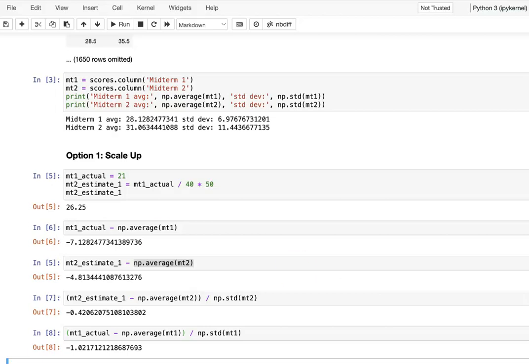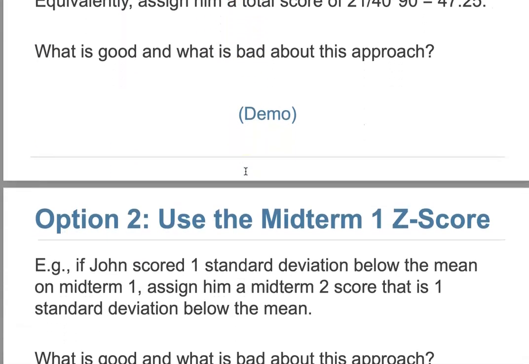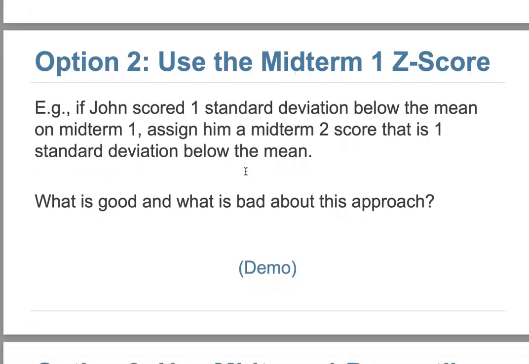That is our option 2. Option 2 is, how about we use the z-score? In other words, how about we use the standard unit?